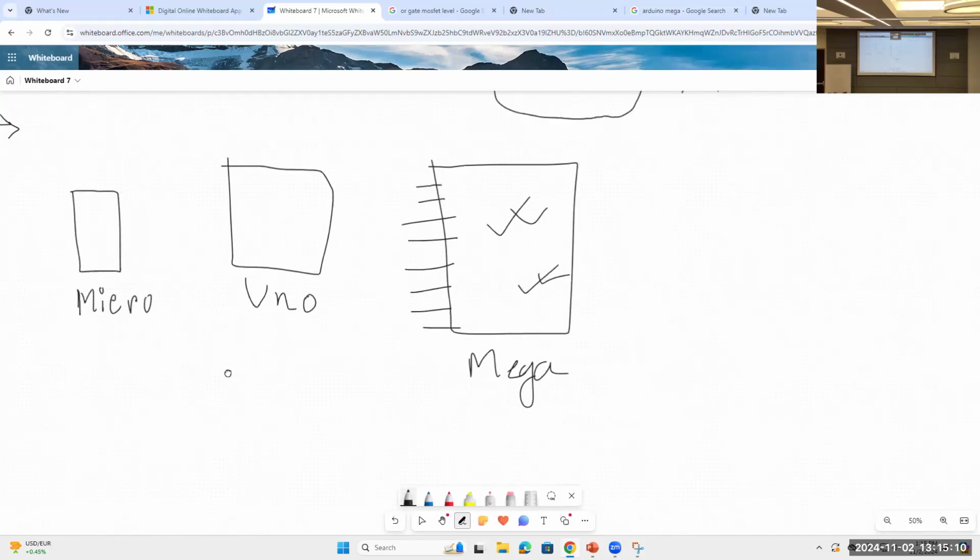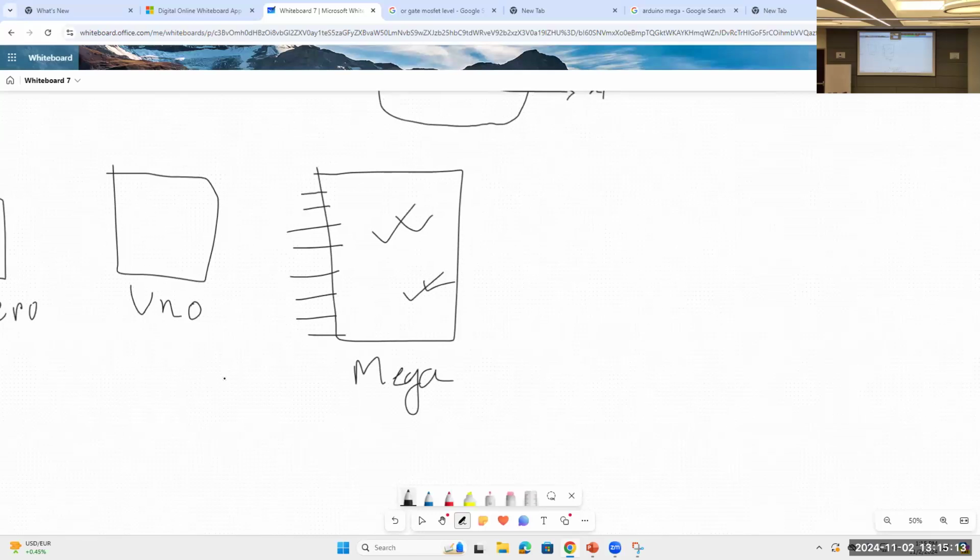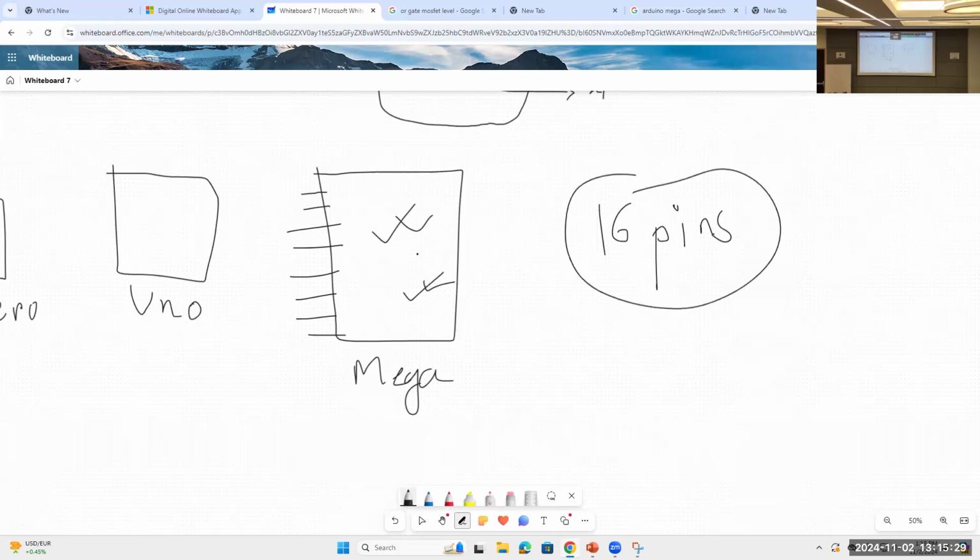In our project, we will be needing 16 input pins. I will describe the project later, but let me tell you the requirements. We will be needing 16 analog input pins, but Uno does not have that. So for getting 16 input pins, you have to go to Arduino Mega.